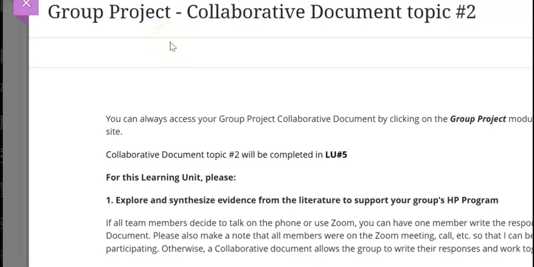Any questions? And make sure that your group has a date and time set that all 3 members of your group can meet with me either this week, learning unit number 5, week 5, or next week, week 6.